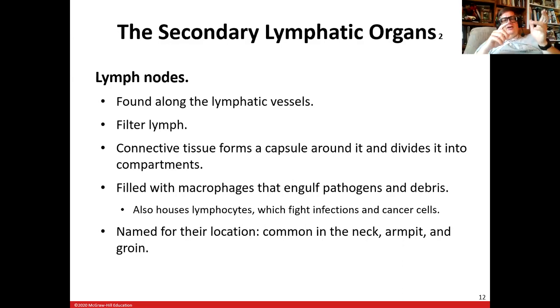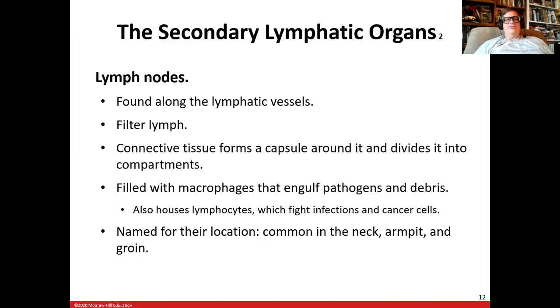The C in cortex reminds you it's by the capsule, and the M in medulla reminds you it's in the middle. The capsule on a lymph node actually has extensions that sink in, invaginations, and that's why they're saying it divides it into compartments, because you have these little walls that sink in.